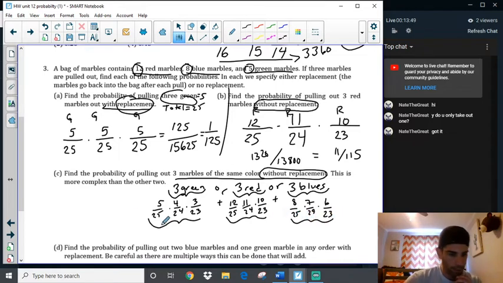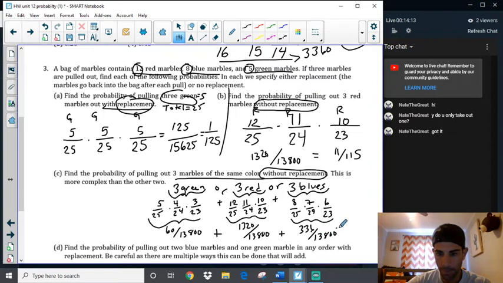So then that's going to be 60 out of 13,800 plus 1,320 out of 13,800 plus 336 out of 13,800. And then again, put it into your calculator. Now this is adding, so be careful when you're doing this one. That's going to be 1,716 over 13,800. And there you go for that.